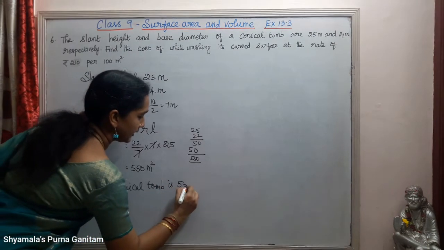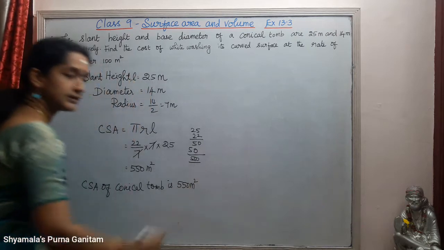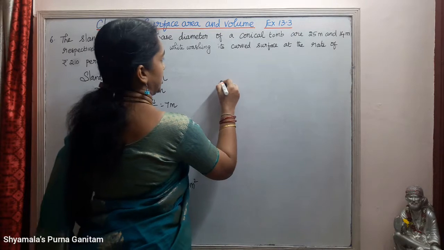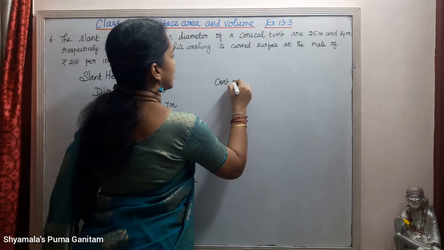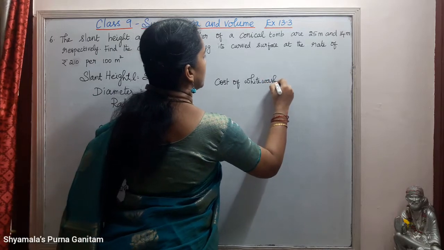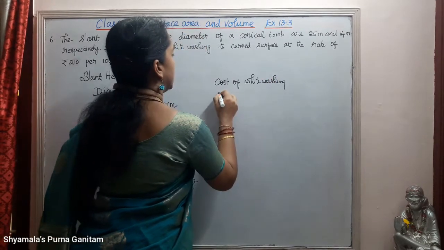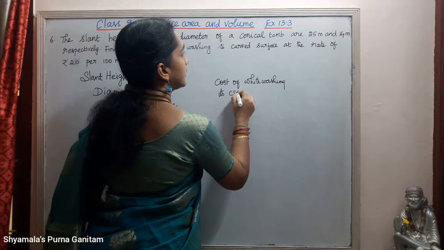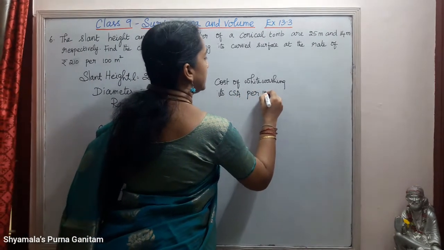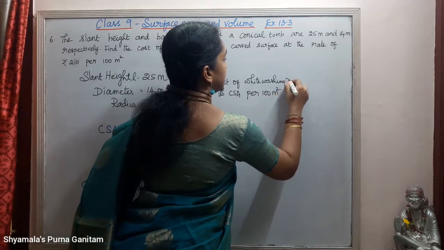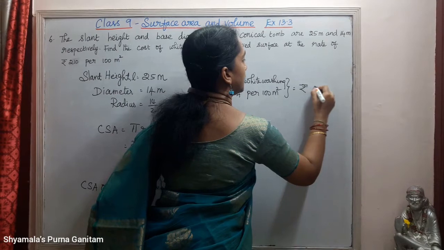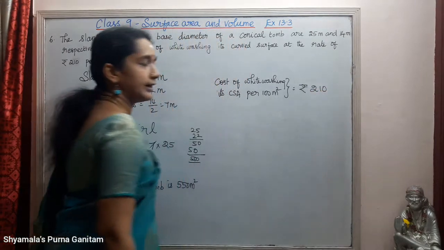So CSA of conical dome is 550 meter square. Now we are asked to find the cost of whitewashing. So cost of whitewashing its CSA per 100 meter square is equal to rupees 210.